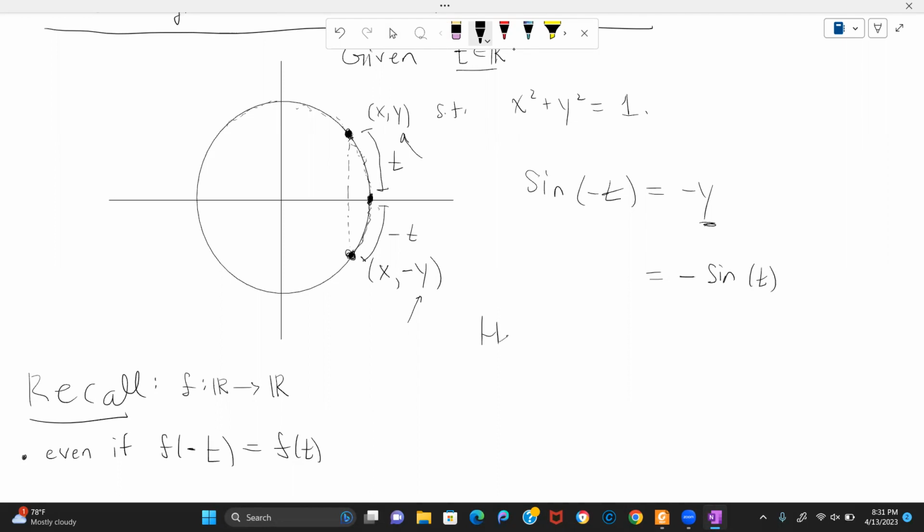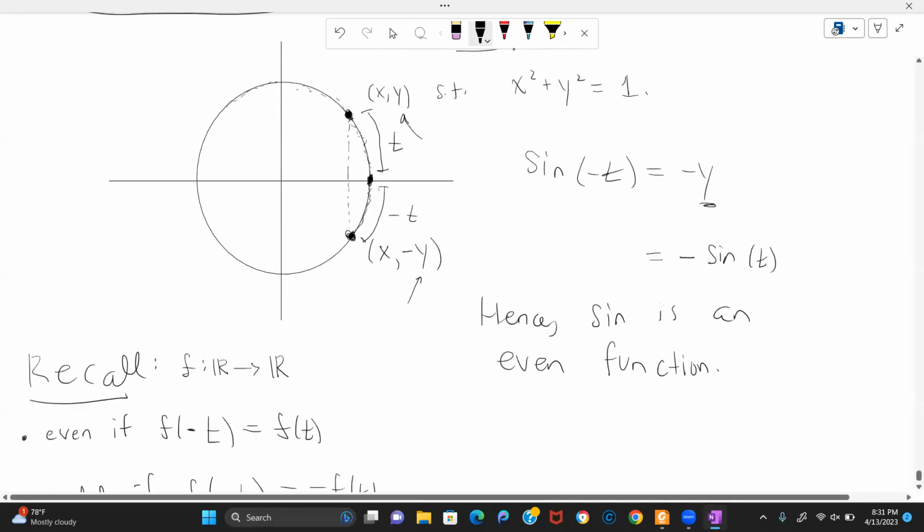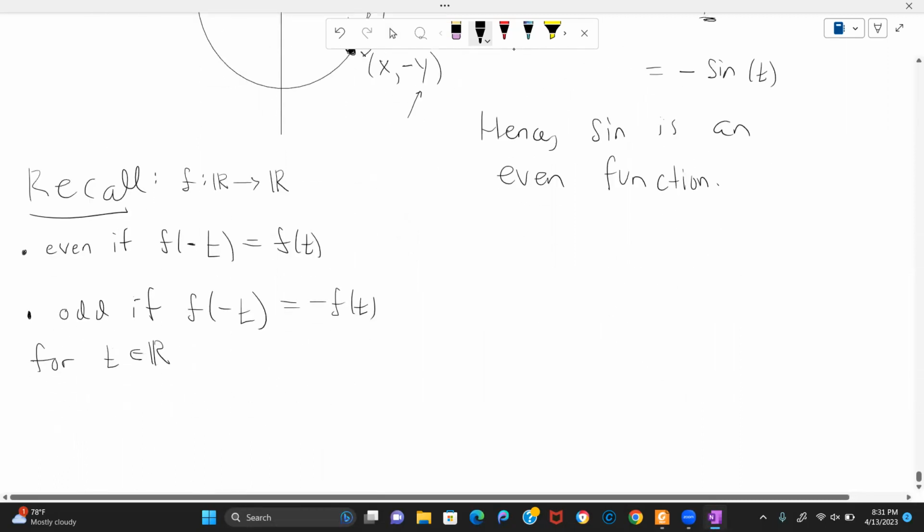So hence this shows sine is an even function, because sine of negative t is equal to negative sine of t, and that's exactly this first property right here.